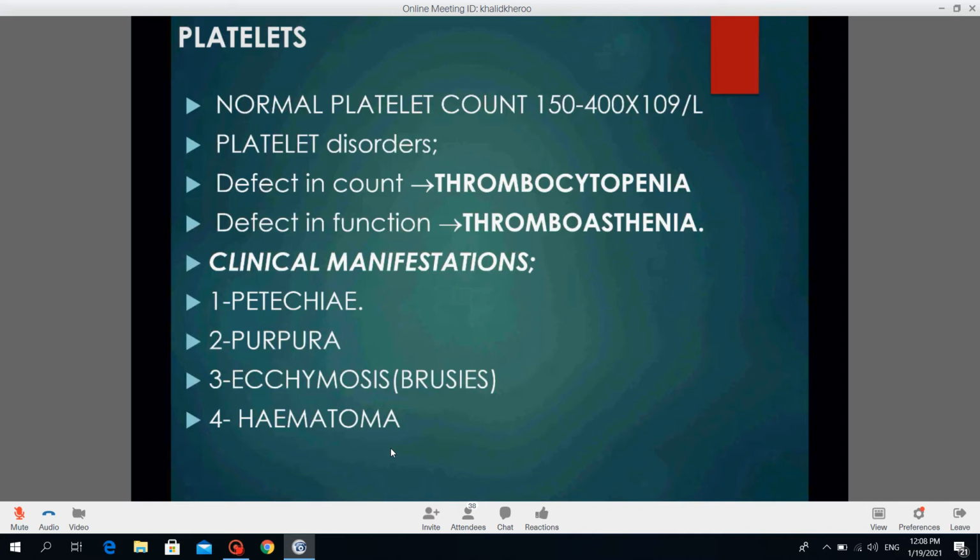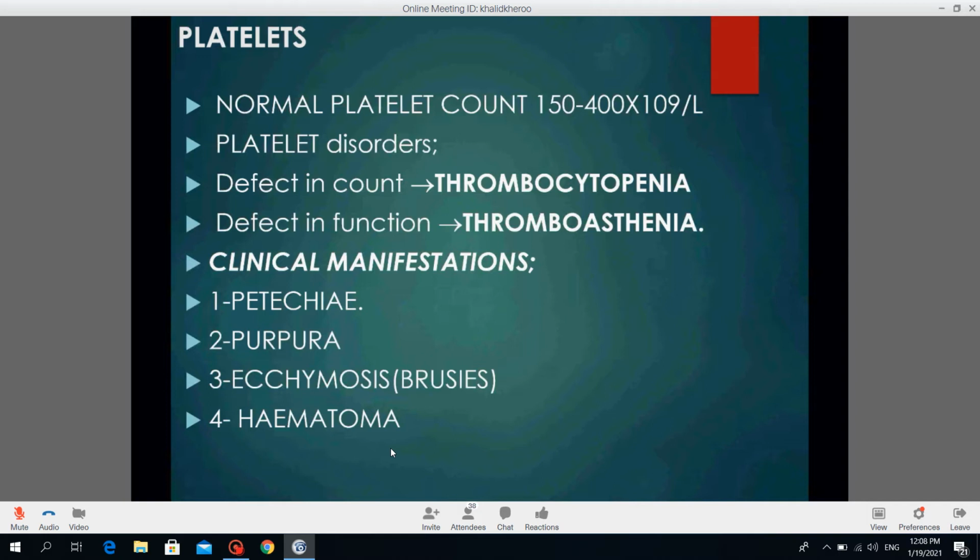So the clinical manifestations of platelet disorder مثل ما ذكرنا البيتيكي وعرفناها، والبيربورا، والإيكيموسيس، وفرق عن البروزز، والهيماتوما. هيماتوما هي more severe bleeding. هون الفرق عن الإيكيموسيس راح يكون الار بي سي تسكيب، تخرج من الفيسلز وتتجمع بالديرمس فيتجمع بلاد، وهذا البلاد فوقات الإيكيموسيس راح يكون sometimes palpable، سميناها هيماتوما.